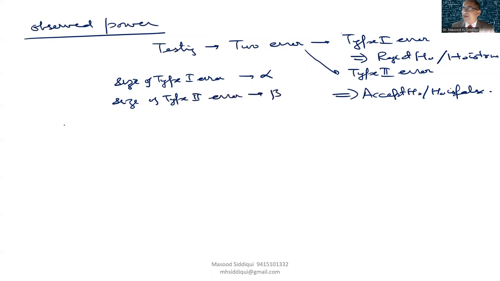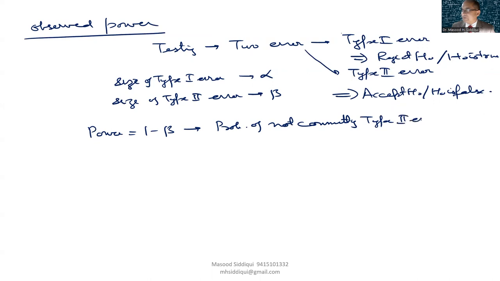Okay. And here the power is actually 1 minus beta, meaning the probability of not committing type 2 error. Okay. So again, this is a thing to be considered.